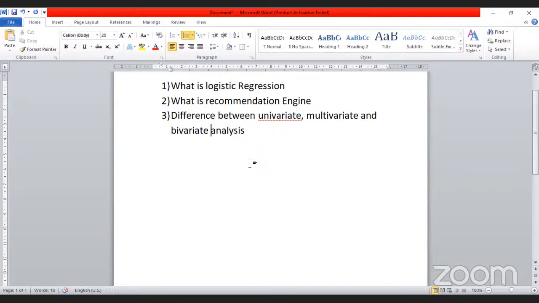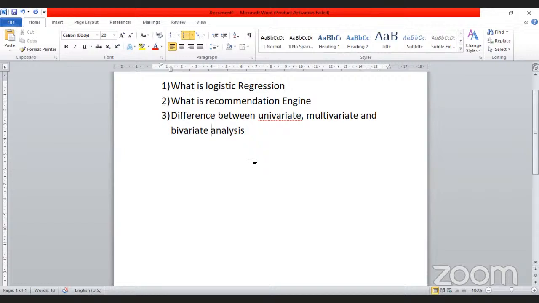The differentiation is based on how many variables they use. Univariate analysis looks at one variable. Bivariate analysis looks at two variables, and multivariate analysis looks at more than two variables.